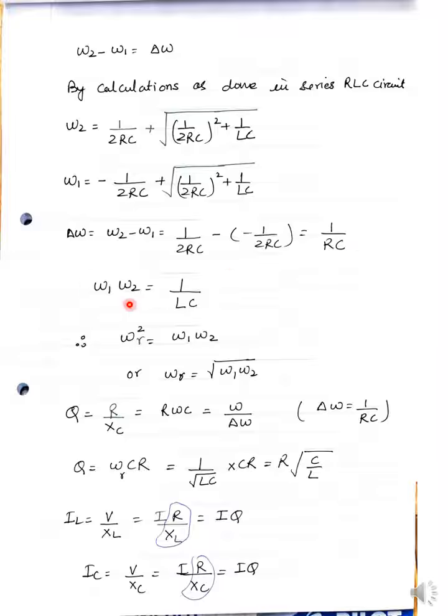Again omega 1 into omega 2 will be equal to 1 by LC, and omega R is root of this. So the resonant frequencies are same. Obviously the ranges are different for series and parallel circuit. And then you just put these values in to find the values of Q, IL, IC. I pointed out the things here, and then you can find out your inductive current, capacitive current, quality factor.